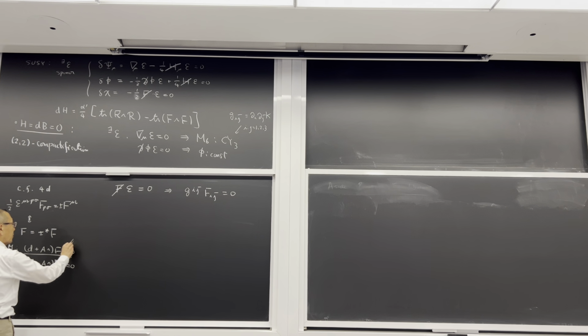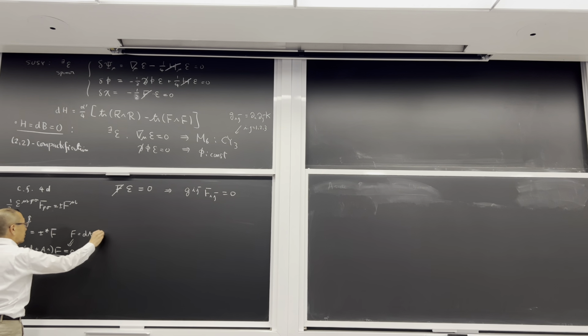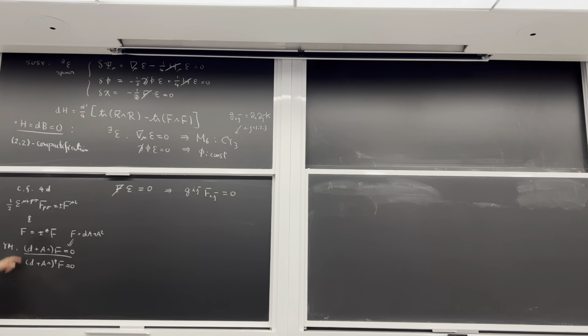This follows from the definition of F, that F is equal to dA plus A squared. So the Bianchi identity is automatic, and if F is equal to plus or minus star F, the Yang-Mills equation is also satisfied. So this implies the equation of motion. Of course this equation is stronger than the equation of motion, so it gives a special class of solutions to the Yang-Mills equation. This is called the self-dual equation.